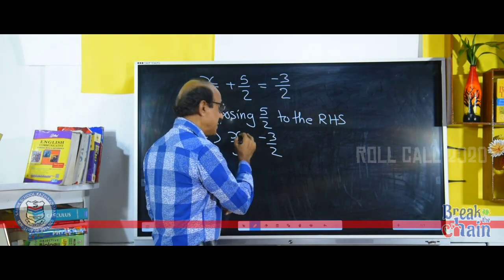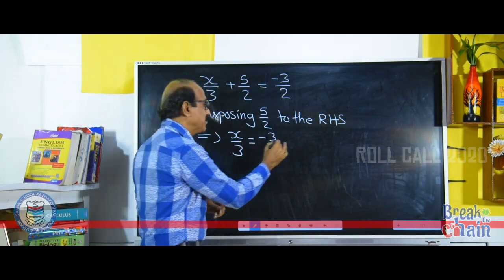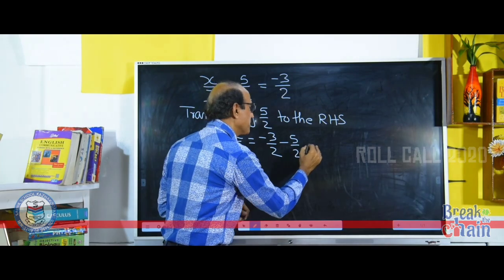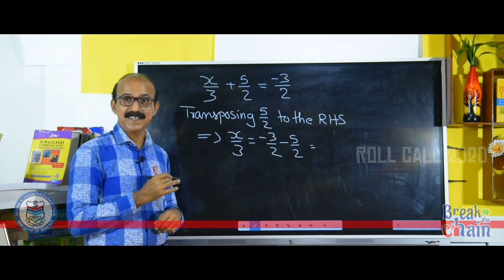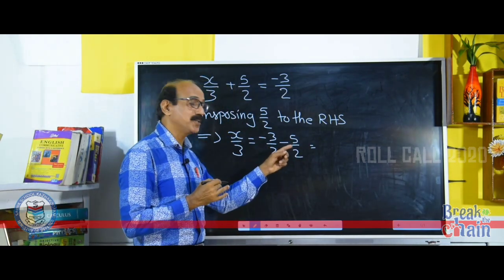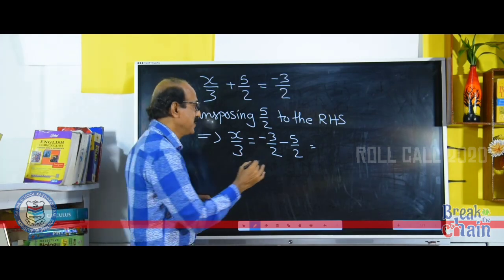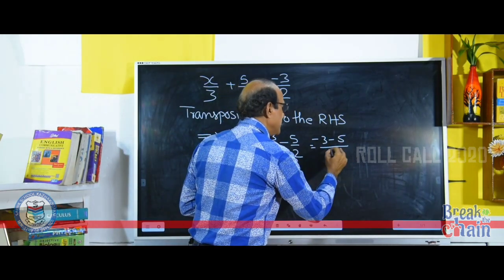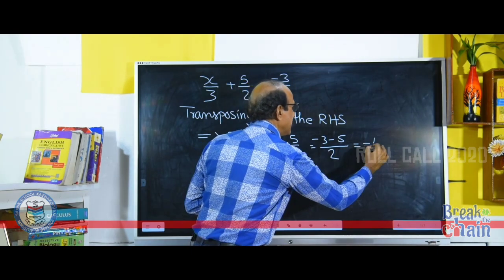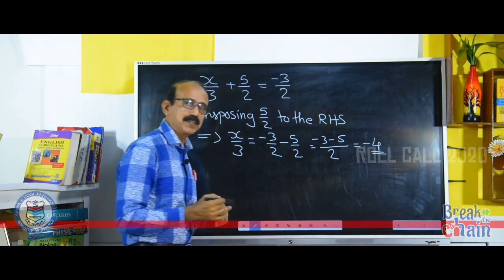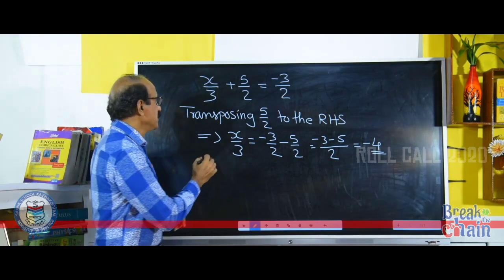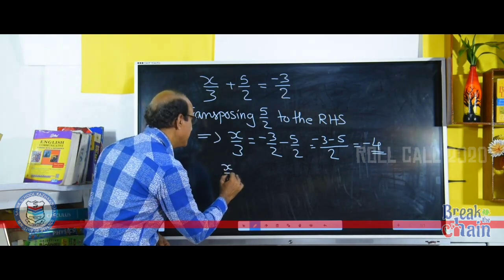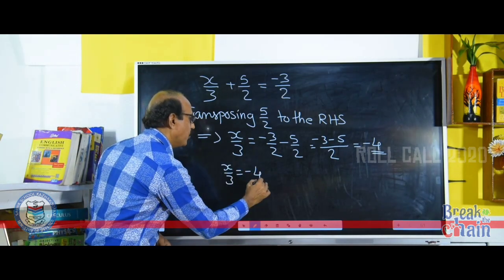That means x by 3 is equal to minus 3 by 2 minus 5 by 2. Now you simplify the right hand side by taking the common denominator 2 as its LCM. So here minus 3 minus 5 divided by 2, and that is minus 8 by 2, which is nothing but minus 4. Therefore, x by 3 is equal to minus 4.